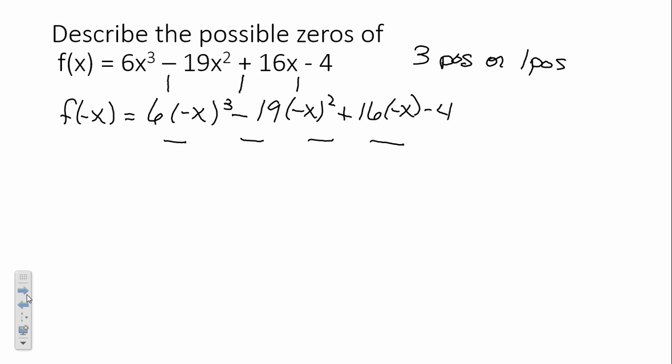Are we going to have any negative zeros to that particular function? How many sign changes do we have? Negative to negative to negative to negative, we have not changed signs, so there are no negative zeros. Okay. Good old Descartes. Yes.